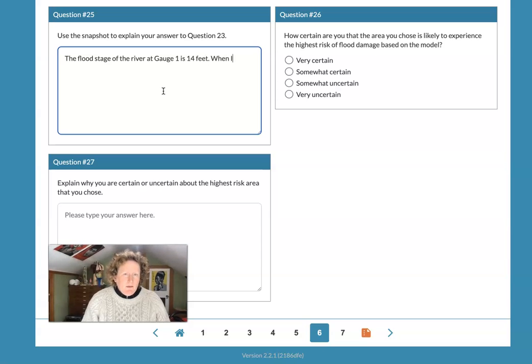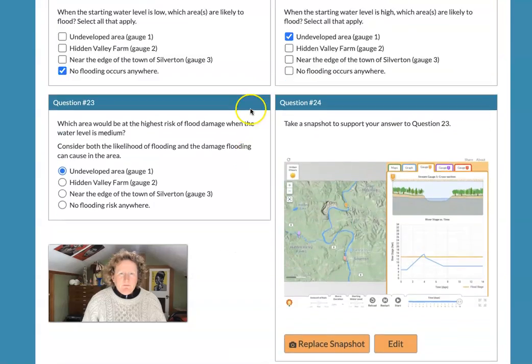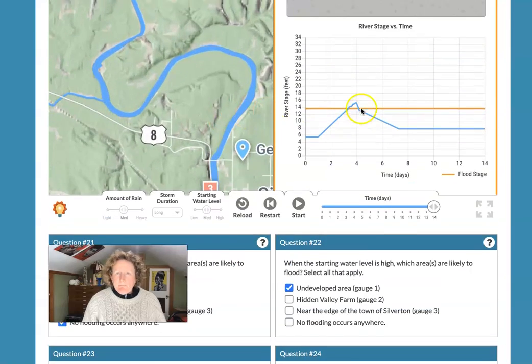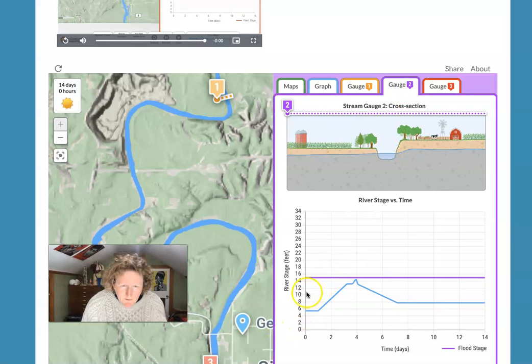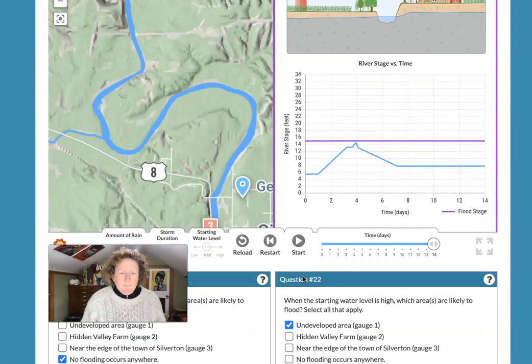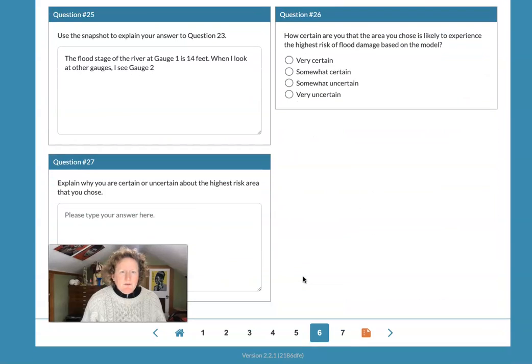When I look at other gauges, I see gauge 2 is, I think, 15 feet. Let's look again here. If I click on the gauge 2 tab and look on the graph here, the purple line here that shows when the river is going to overflow its banks is at 15 feet. So gauge 2 is 15 feet.